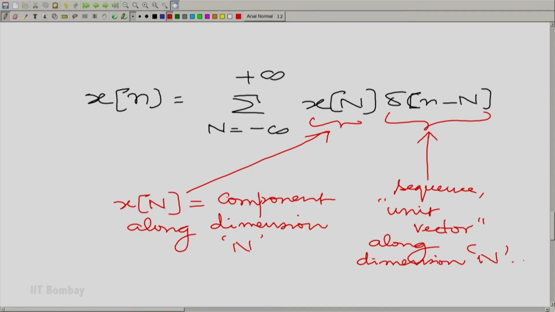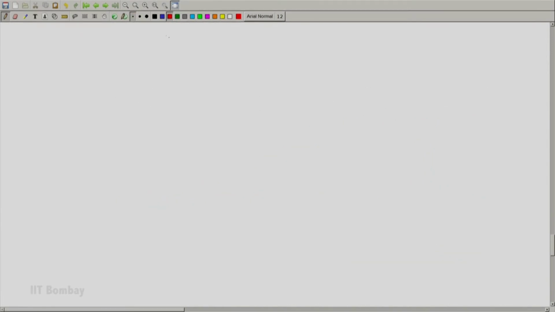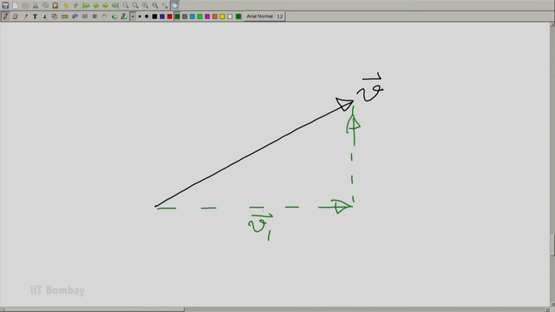So, it is just like saying, if you look at it for two dimensional vectors, this V, when decomposed into its components, which I am now showing in green, being V1 and V2, and V1 again being a multiple of the corresponding unit vector, which I am showing in blue. So, this is the unit vector here, which I call U1 cap, and there is a unit vector U2 cap.